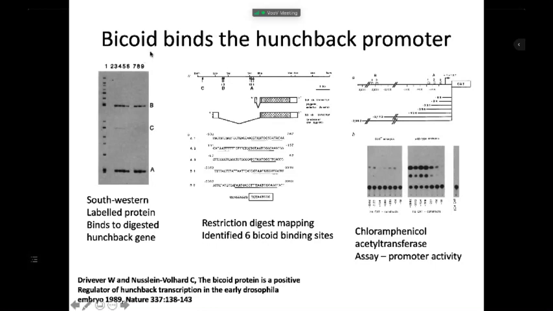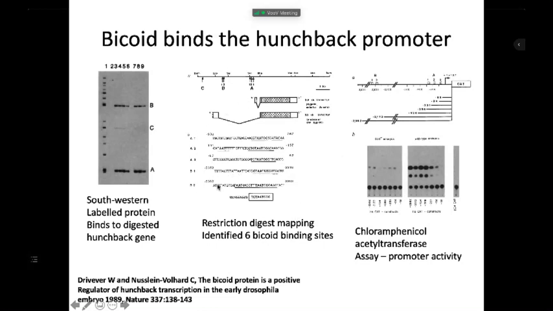You can take these DNA fragments, A, B, and C, and find out by restriction digest mapping where in the Drosophila genome these 6 bicoid binding sites are.